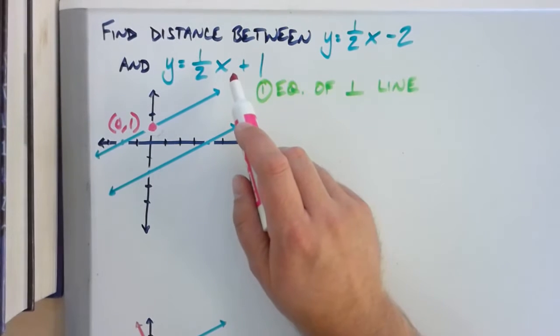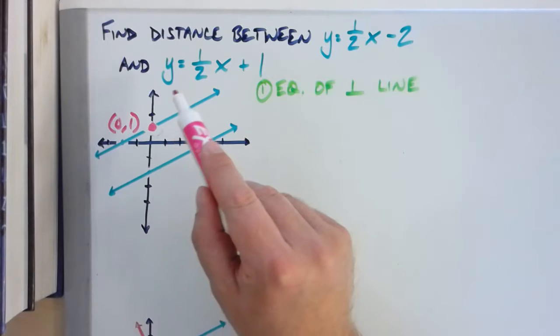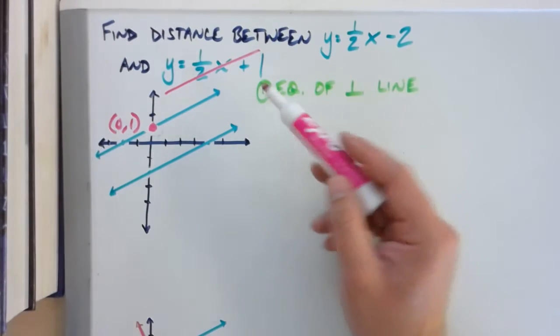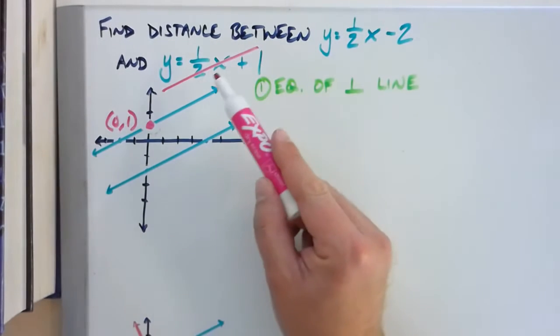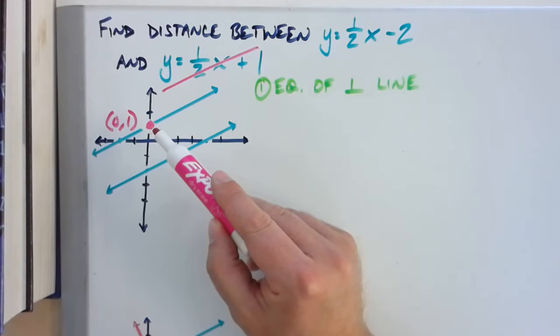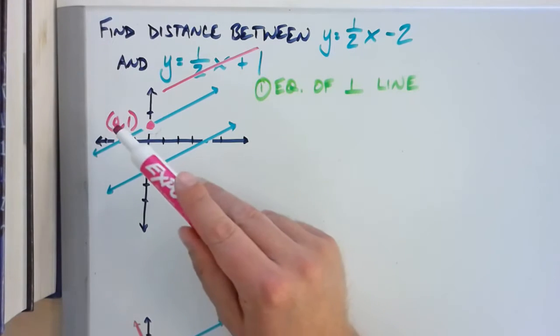So just a little suggestion for you is to cross it out now. Why? I cross out this equation because I've just reduced this equation down to one point. This is no longer an equation. This is the point (0, 1).